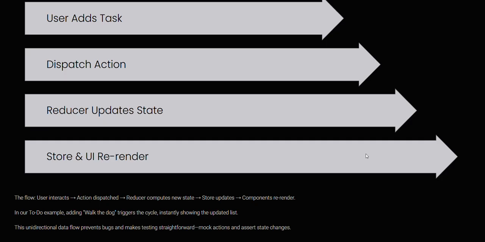Finally, the parts of the app that depend on the state automatically update, like the cart icon showing the updated number of items. This unidirectional flow ensures the data always flows in a predictable manner, making the app easier to debug and maintain.